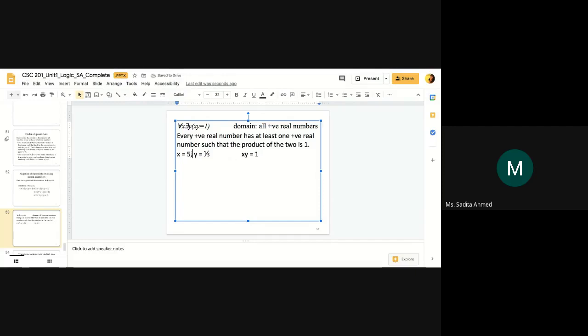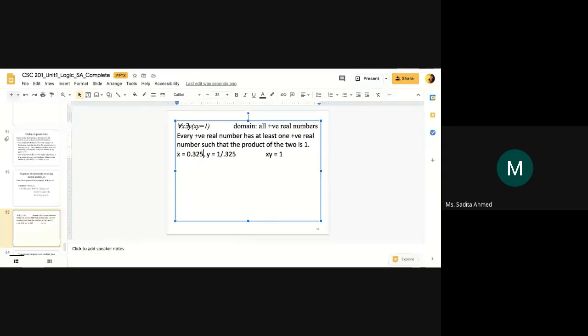Now, take a fraction, for example, any fraction. Let's say 0.325. Even that fraction will have an inverse, right? 1 by 0.325. It will give you xy equals 1, right?